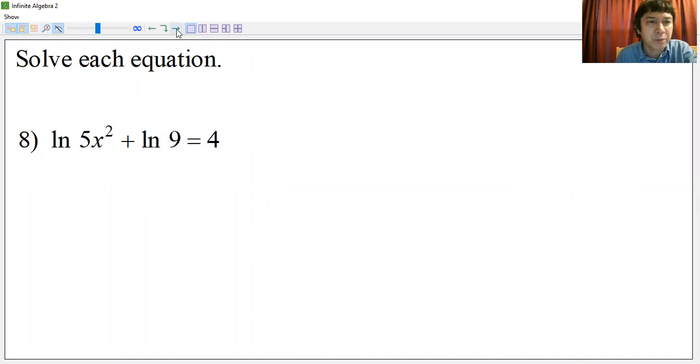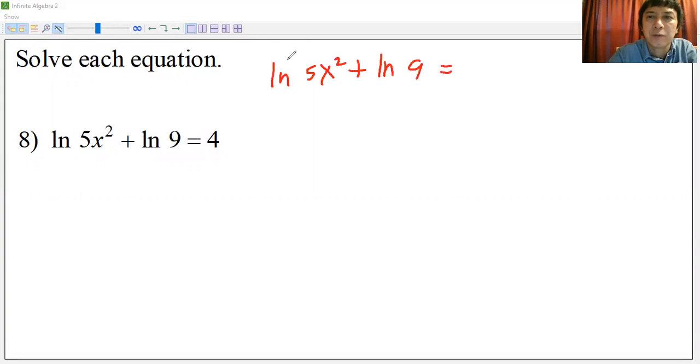All right, here is number 8. We have to copy the problem: ln(5x squared) plus ln 9 equals 4. Okay, this is a sum of logarithms. So that means we can multiply the 5x squared and the 9. So that we can have ln of 9 multiplied by 5x squared, like that, okay?